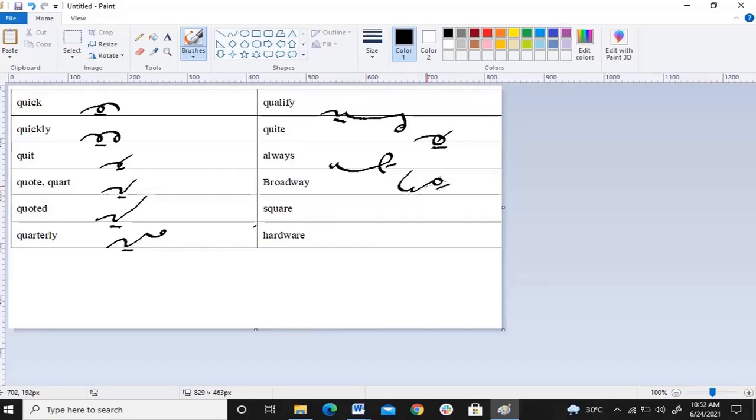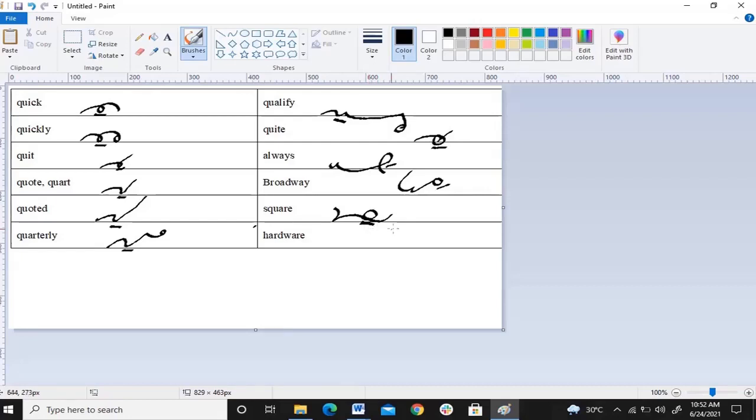So, you have Broadway. Okay, next is square. So, we have K-A-R, and then your W. Your W under A. Square is scare, and then you put W there, square.